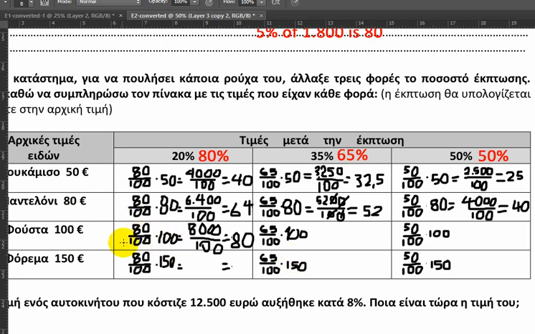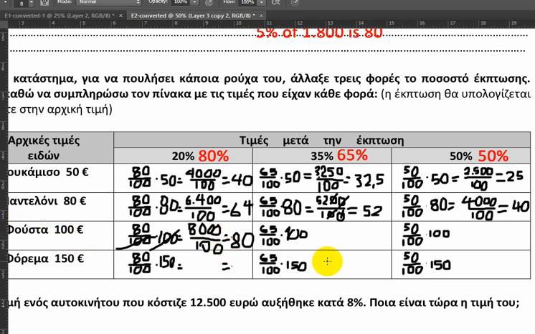But even if you wrote it, you're basically saying 80 divided by 100 and then times 100. Since these two are opposites, you could have just crossed them out and gotten 80. With the next two, here we're going to get 65, and here we're going to get 50, because the price is exactly 100.